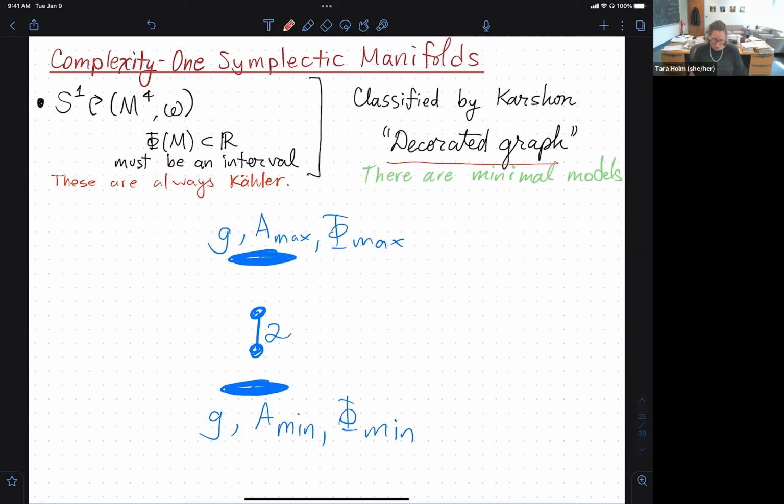These decorated graphs have so-called fat vertices, which correspond to fixed surfaces. The fixed points of a circle action on a 4-manifold can either be 0-dimensional or 2-dimensional submanifolds, because they must be symplectic submanifolds.